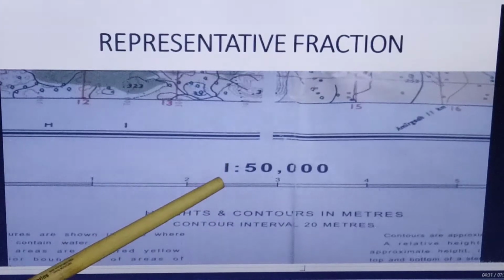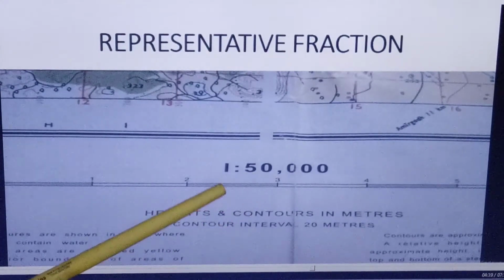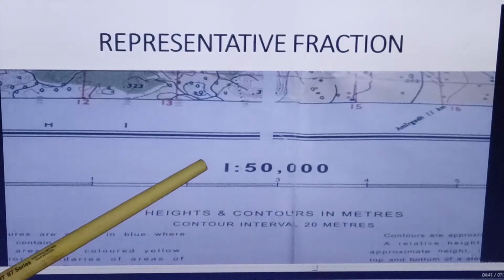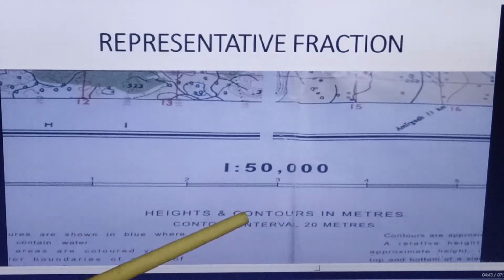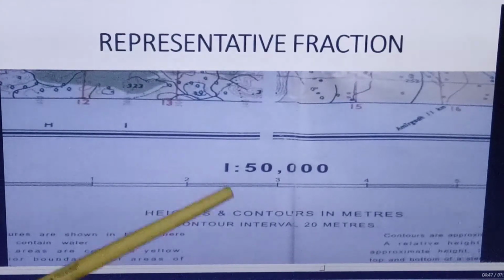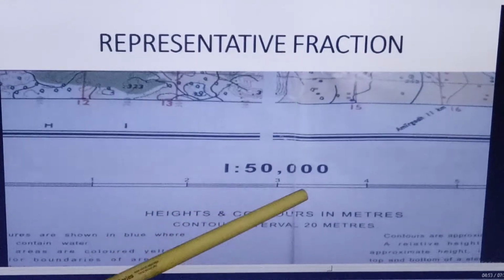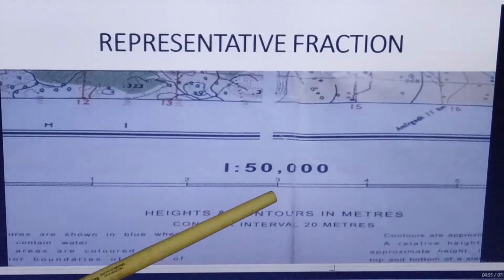So it means that 1 centimeter of the map represents 50,000 centimeters of the ground. Therefore, how much will 2 centimeter on the map represent on the ground? It will represent 1 lakh on the ground. 1 centimeter is equal to 50,000, so 2 centimeter will be equal to 1 lakh.